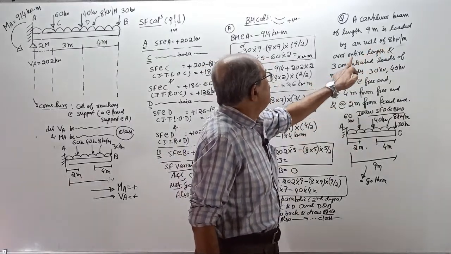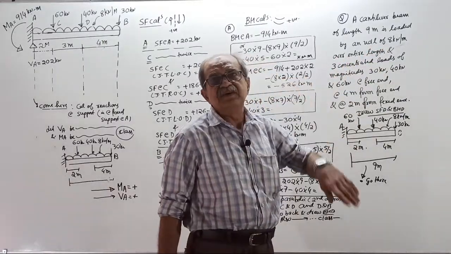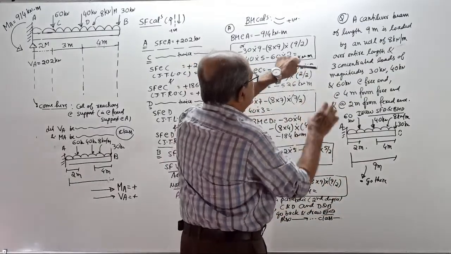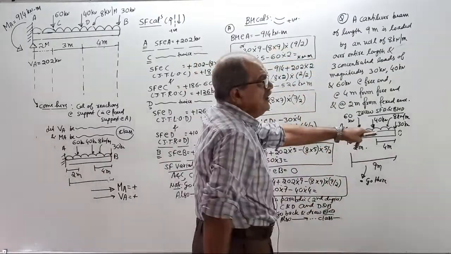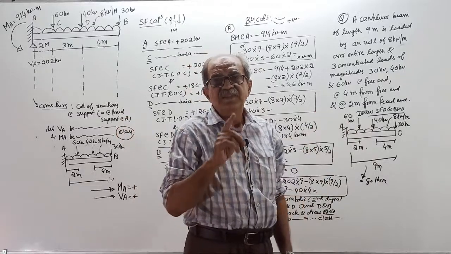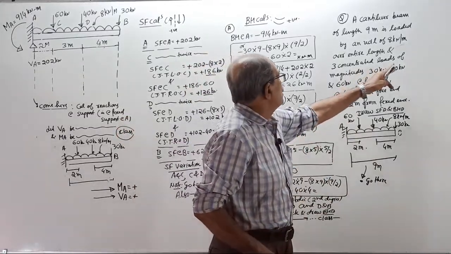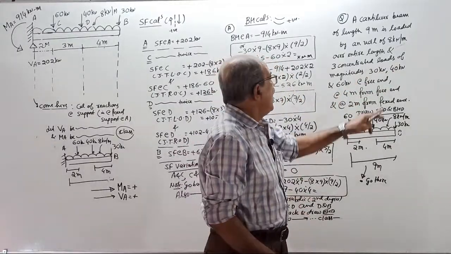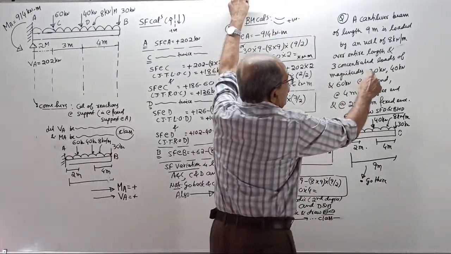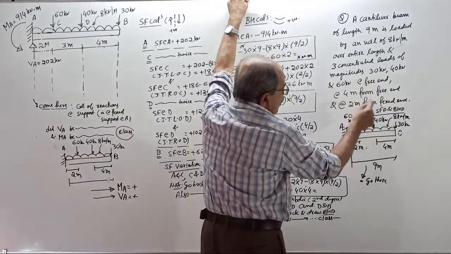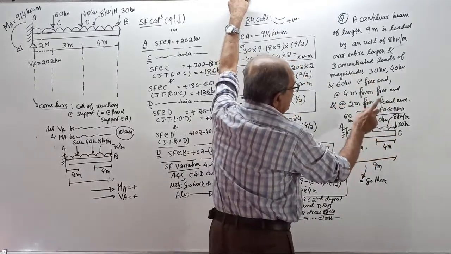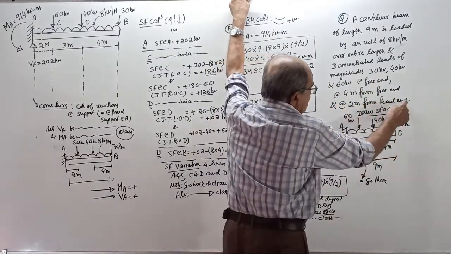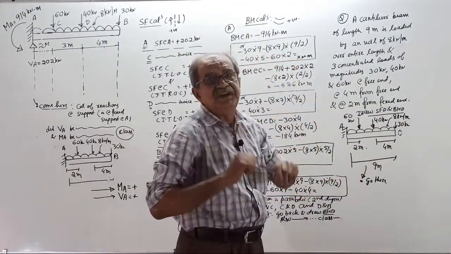UDL of 8 kN per meter over the entire length, and whether left or right is fixed, UDL has no problem. Then 3 point loads of magnitude 30, 40 and 60. The first load at the free end, the second load at 4 meter from the free end, the last load at 2 meter from the fixed end. This is the correct procedure.